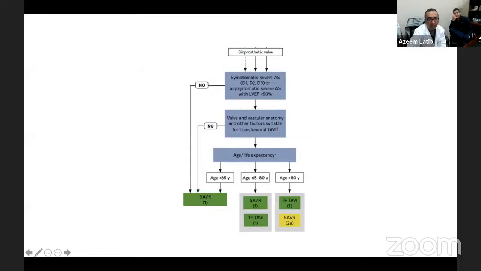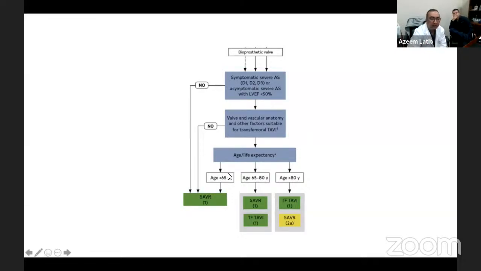Are they symptomatic, or do they have a depressed ejection fraction? You then assess their valve and vascular anatomy, and you assess if they're suitable for TAVI. To me, this is a paradigm shift, because before you're assessing them for surgery, you're actually assessing the patient for TAVI first. And then you look at their age and life expectancy.